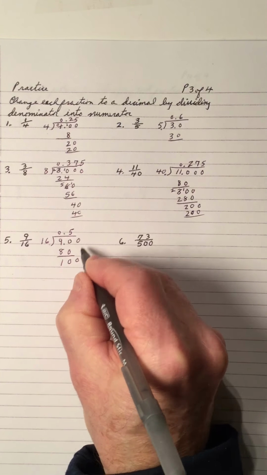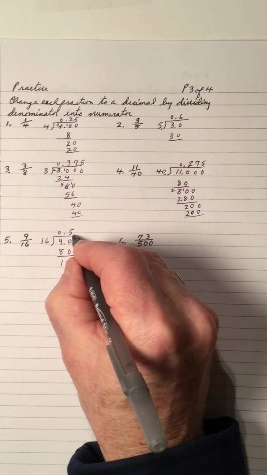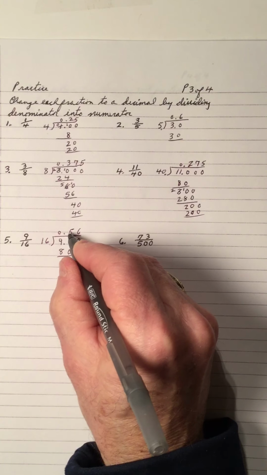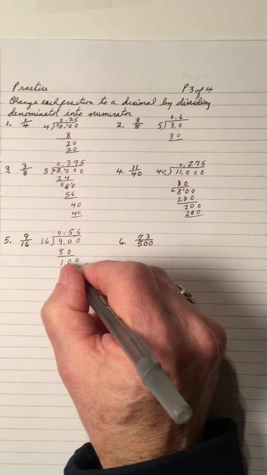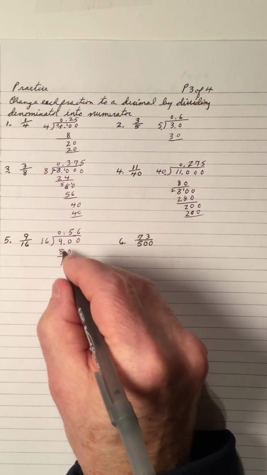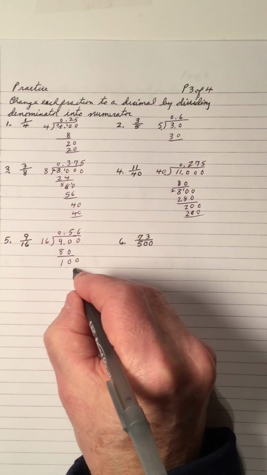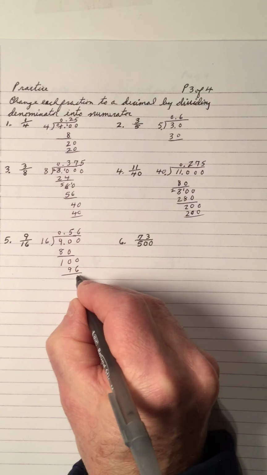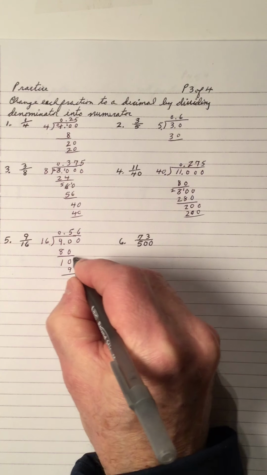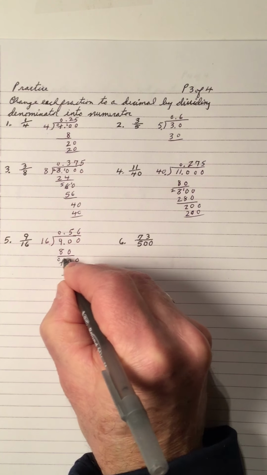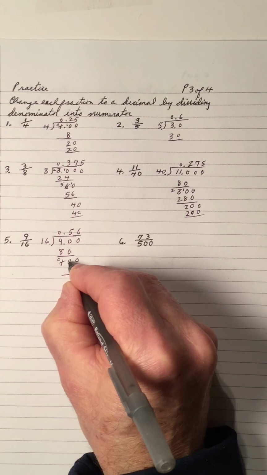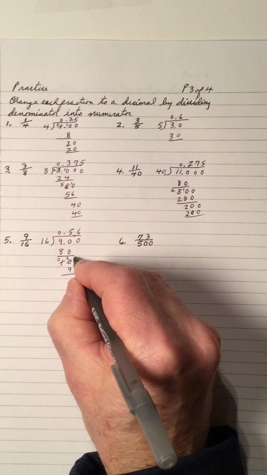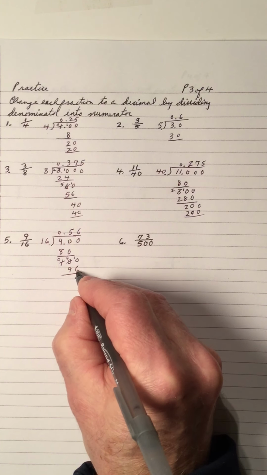Bring down another 0. 16 into 100 probably goes 6 times. 5 will give you 90. Sorry, 5 gives you 80. And 100 is, if you add 16 more, I need 96. So 6 times 6 is 36. You got to carry the 3, 96. That's a 4. Oh, and we can make that a 0, make that a 10. But we still can't. So that 10, we make that a 9, and we make that a 10. 10 subtract 6 is 4.